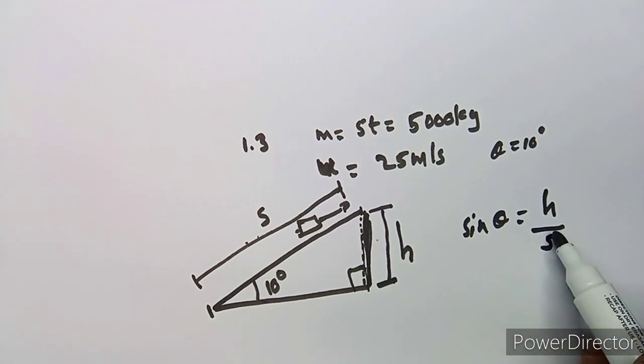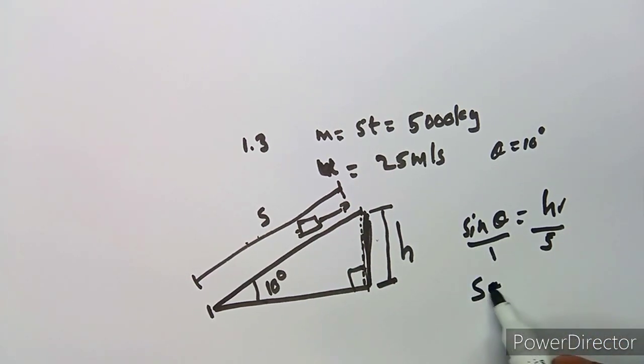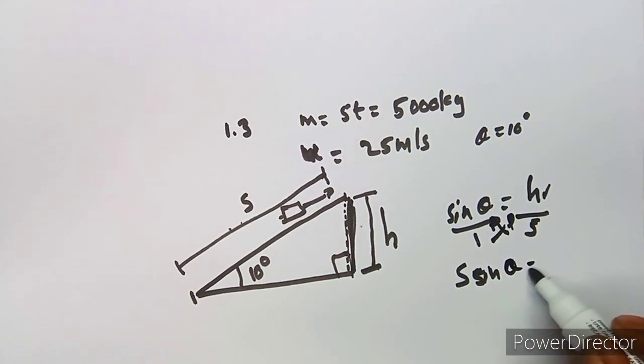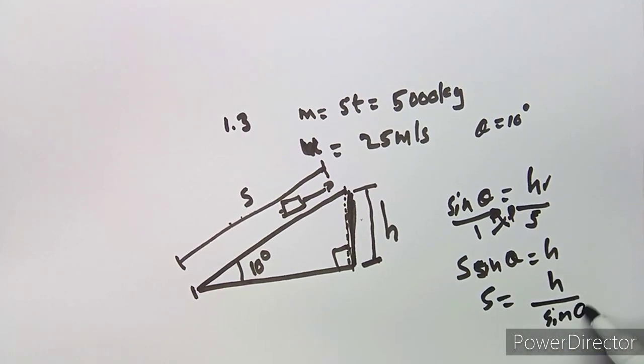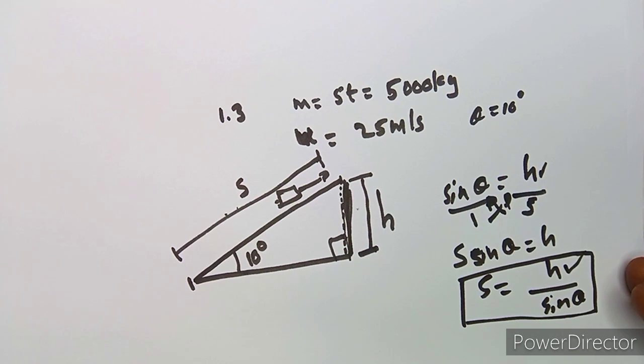So by simply finding h, we can find s. If you cross multiply here, it's going to give you H, then you can divide by sine theta, which means S is equal to H over sine theta. So we need H, but where can we find this H?